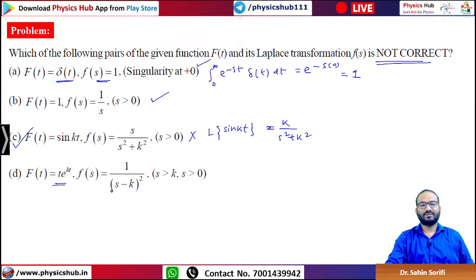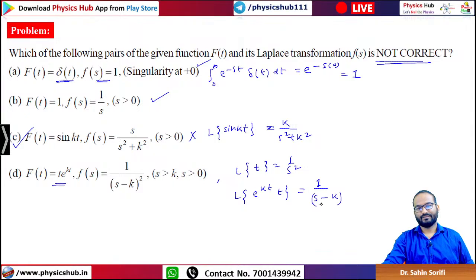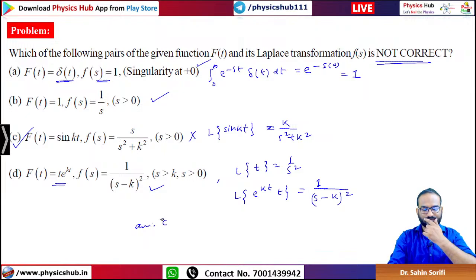For the last one, e to the power kt times t: Laplace transform of t is 1 by s square, and for e to the power kt times t, s will change to s minus k. So this is also correct. So option C. Yes, Harry.